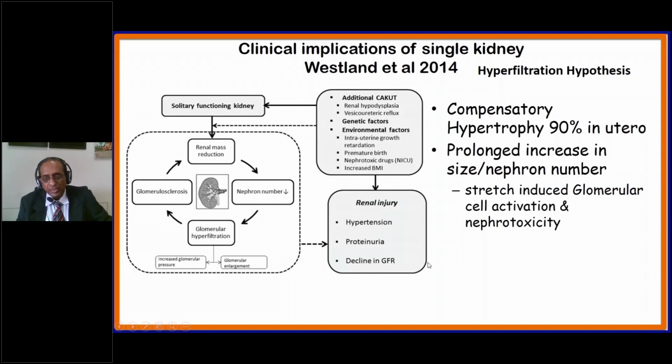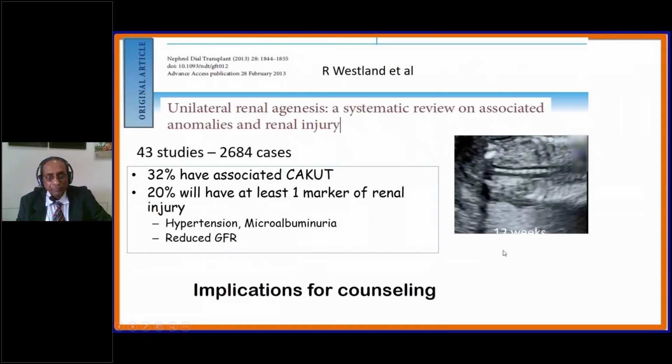This results in stretch-induced glomerular cell activation and nephrotoxicity, and additional CAKUT abnormalities can be identified in conditions like vesicoureteric reflux, intrauterine growth restriction, and also renal injury can occur, which can later on lead to hypertension, proteinuria, and decline in the glomerular filtration rate.